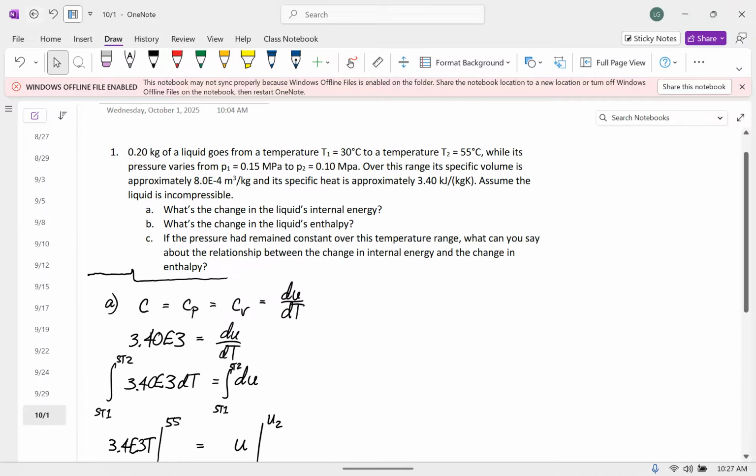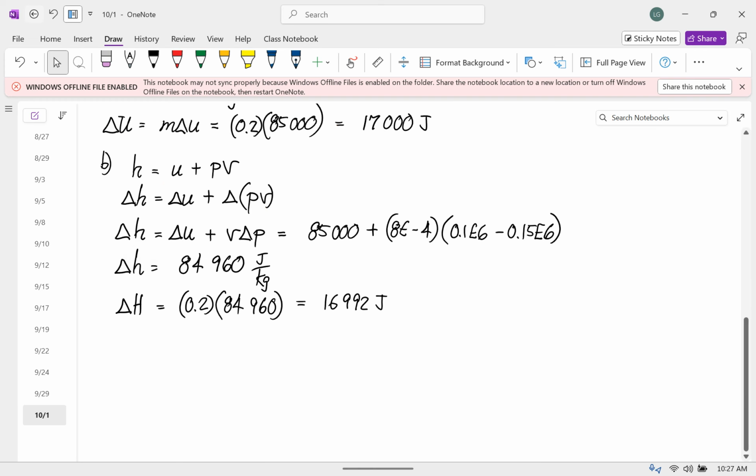What are we on? C. If the pressure would remain constant over this temperature range, what can you say about the relationship between its internal energy and the change in enthalpy? Okay, well, we can see this from this equation here. So we know that the change in specific enthalpy is equal to the change in specific internal energy plus the change in PV.